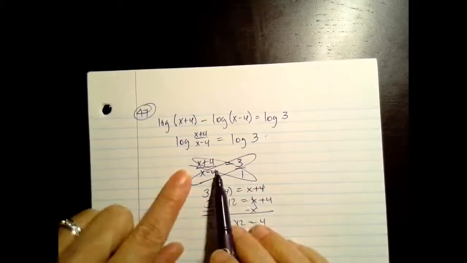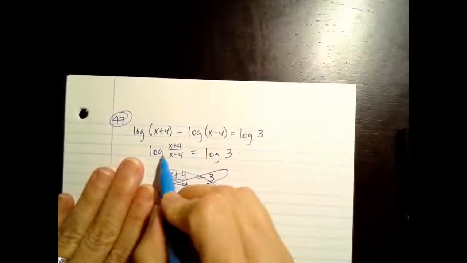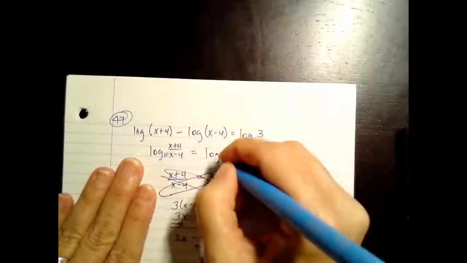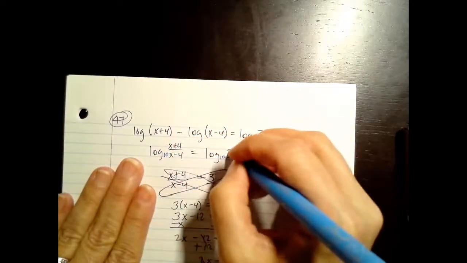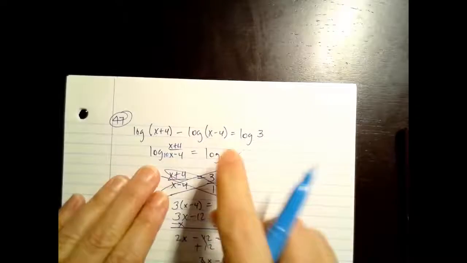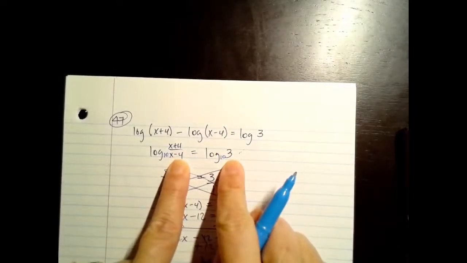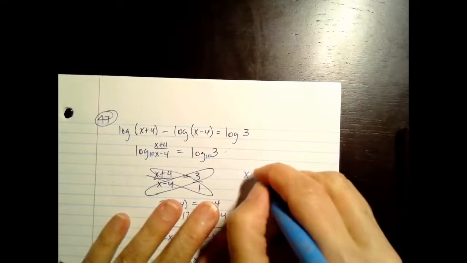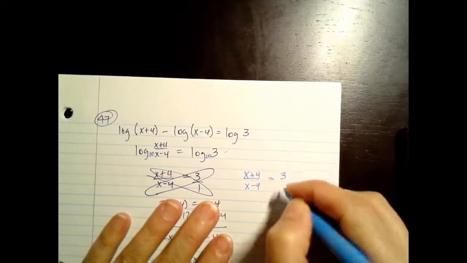Okay, if you don't understand this part, let me do this one more time, a different way so you see. So what we're saying here is if this is log base 10 and it's x plus 4 over x minus 4, and this is log base 10 and it's 3, then if these two are equal to each other, then what's here has to be equal to what's here. So x plus 4 over x minus 4 has to be equal to 3.